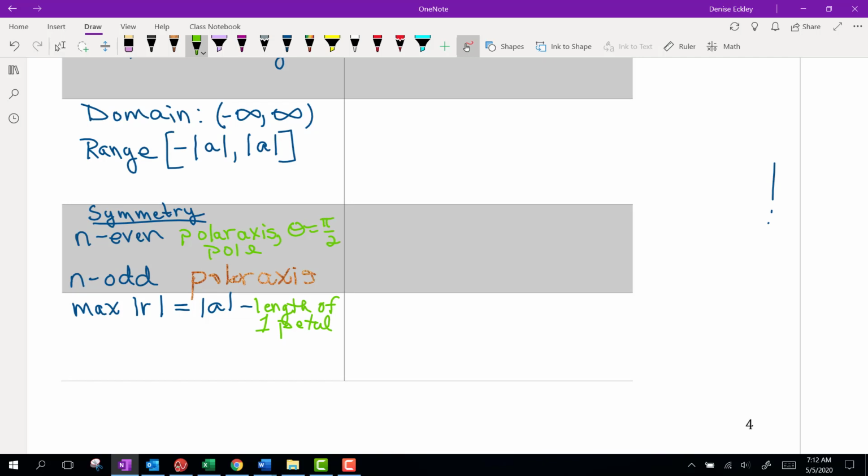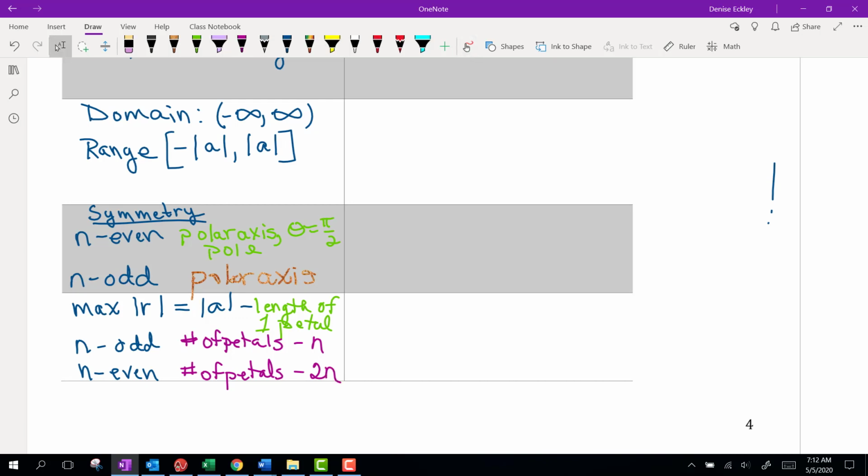And then how we determine how many petals we have: if n is odd, the number of petals is n. And if n is even, I don't know if you guys figured this out yet, hopefully some of you did, the number of petals is 2n. So you have twice as many.